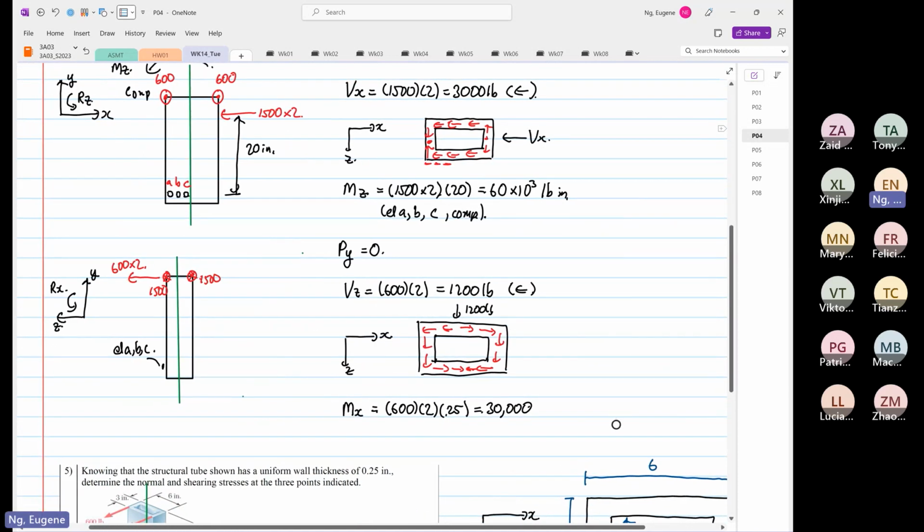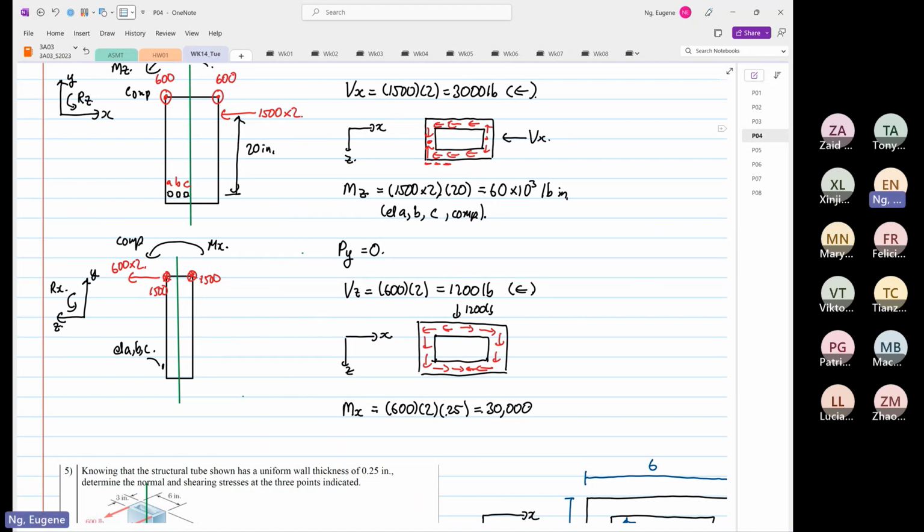oh, I do apologize, I did not do one more step down here. So we know that this is our moment in X, and all of them will be under compression. Okay, right? It's going that way. So element A, B, C, all of them will be under compression.